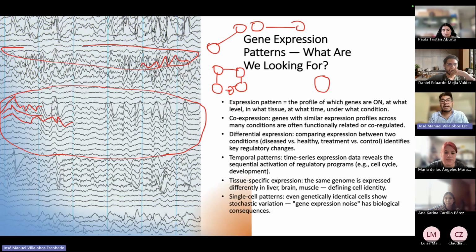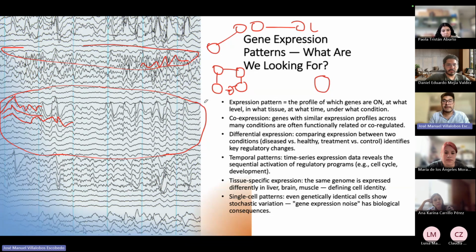So here we need to calculate many things. We need to calculate a correlation using Pearson or another kind of correlation model. This model can say whether it's a negative correlation or a positive correlation, which is very important for this kind of network.